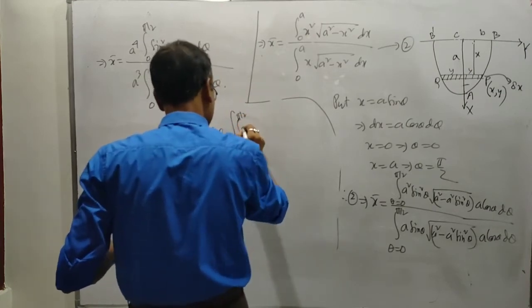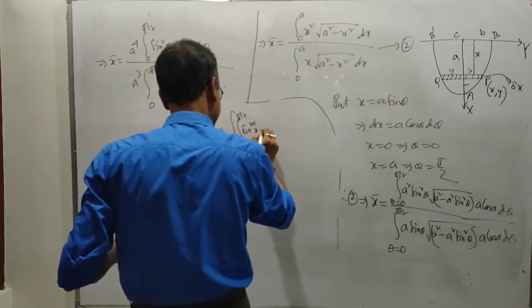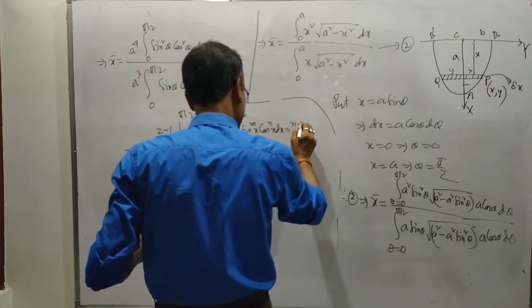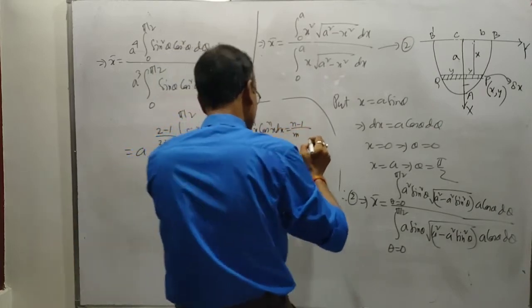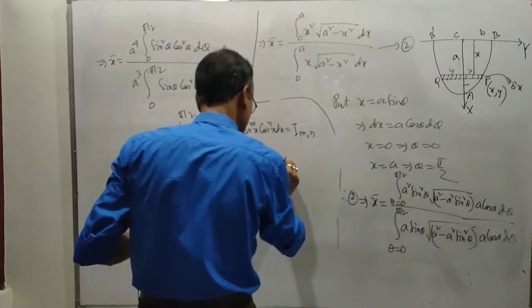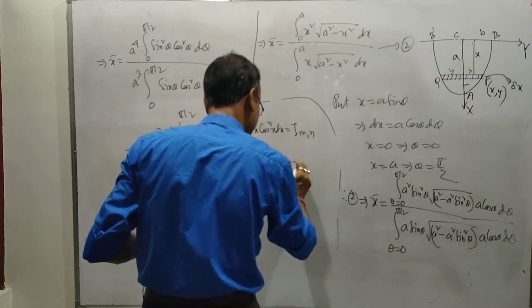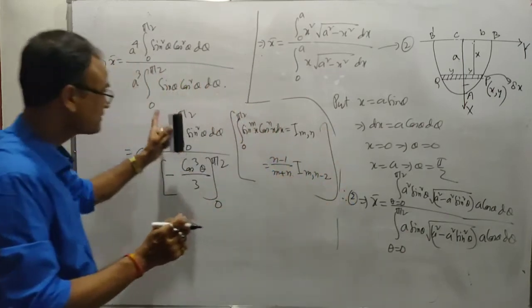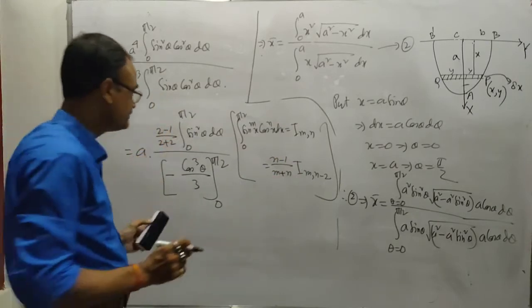And for this integration 0 to pi by 2, we have applied this formula: the integral of sin to the power m x, cos to the power n x dx, suppose this is I m n, is equal to n minus 1 by m plus n times I m, n minus 2. This formula has been applied here in the numerator.